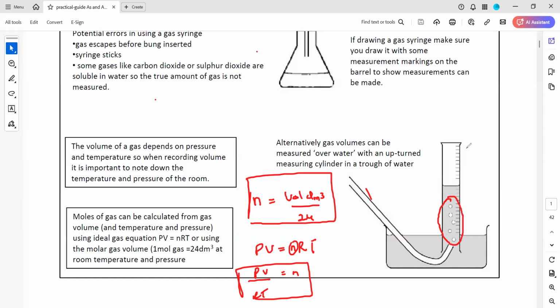But once the formation of the bubbles stops, it means there's no more gas given off, so the reaction has stopped. But this technique cannot be used for gases which are soluble, for example sulfur dioxide, carbon dioxide, and even chlorine can also dissolve. So it won't be effective for soluble gases, the gases which can dissolve in water.